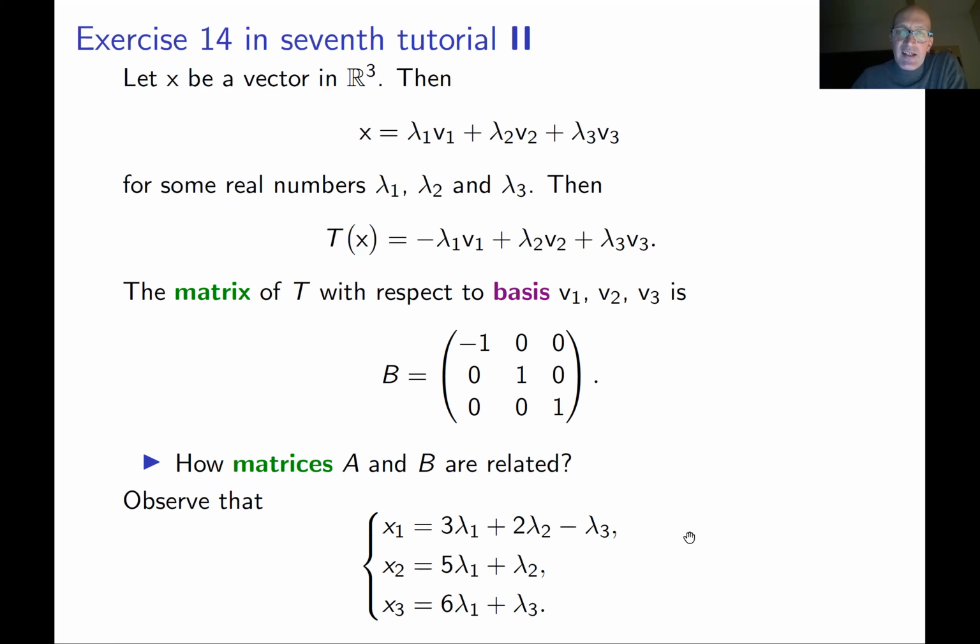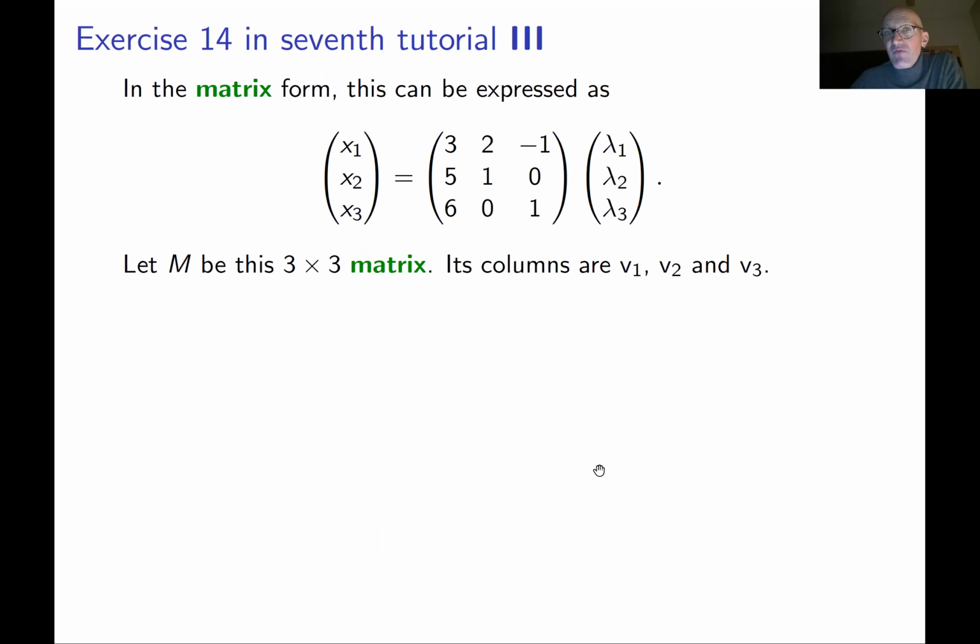So this gives you a relation between the coordinates of vector x in the standard basis and in the basis v1, v2, and v3. We can translate this equality into matrix form. This is the same equality as before, but now we rewrote it in matrix form.